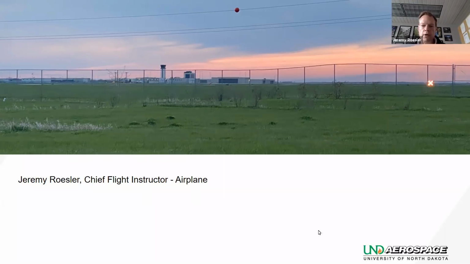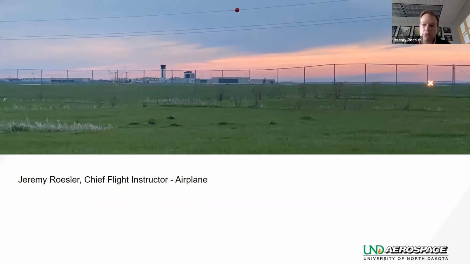Once we go through that process, we're still learning about what works with our new procedures and what needs to be adjusted. We're going to continue to assess how we're doing and continue to add more and more students back into flight ops.